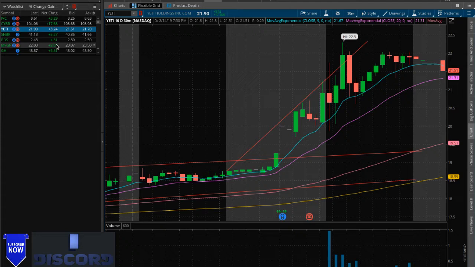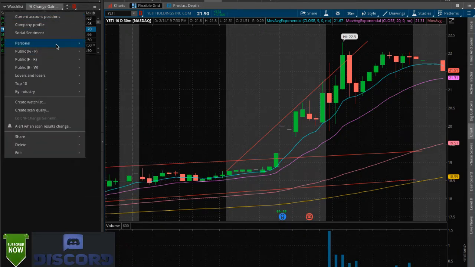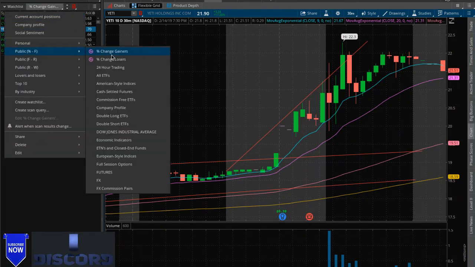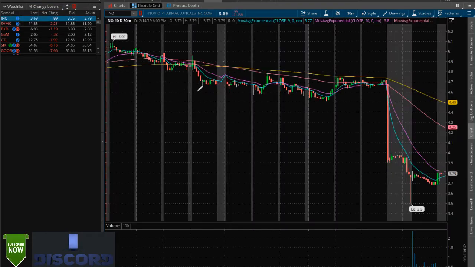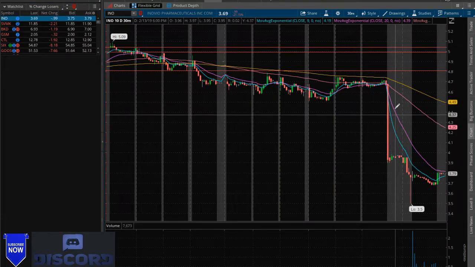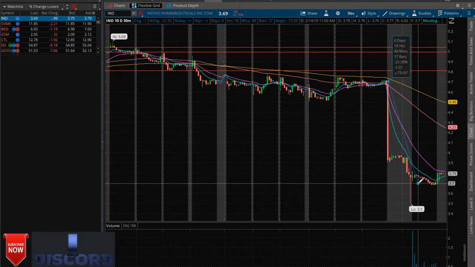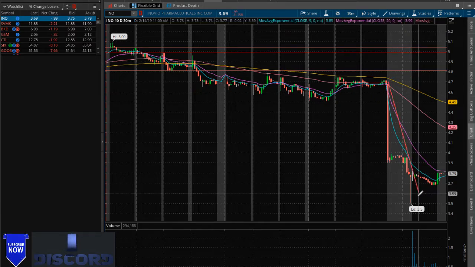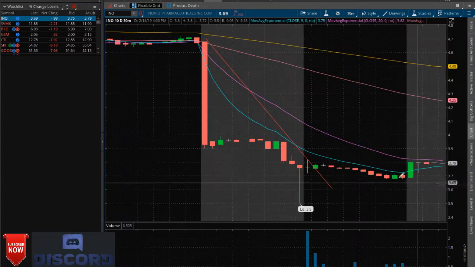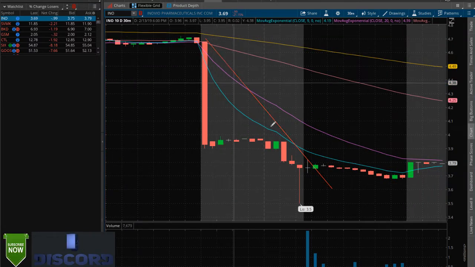So let's find one where, let's do percent losers. So INO here, gapping down. Gapping down is a very, very common way short sellers will find stocks. So judging the trend, we know it's possibly going to have favor in the bears.